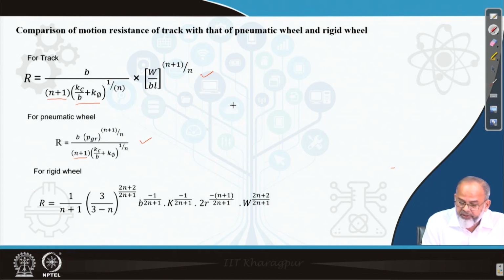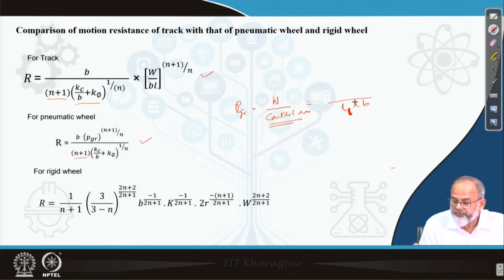For a pneumatic wheel, ground pressure is nothing but weight divided by the contact area. So contact area you have taken as length of the flat portion Lt into section width. So W by Lt into B. So that means more or less they are similar.